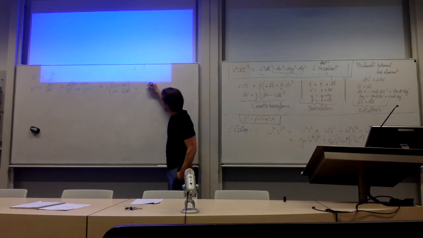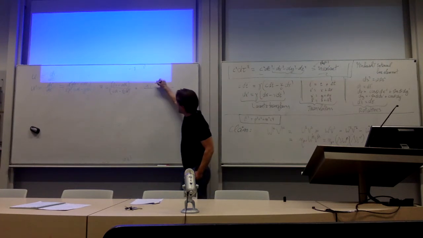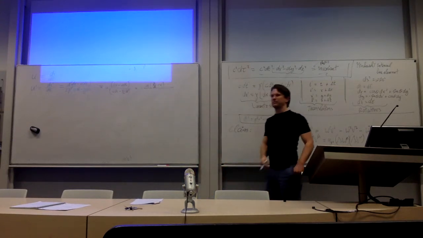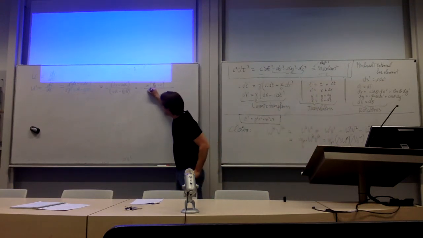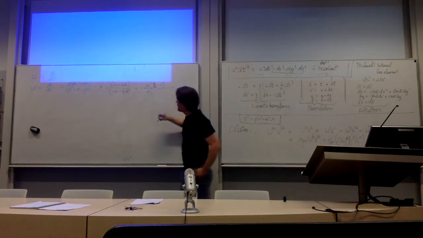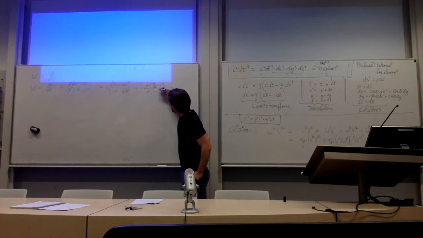How about I take dt out in the numerator? Then I get dx over dt minus v. Is that correct? And suppose I also take a dt out in the denominator. I get c minus v over c times dx over dt.